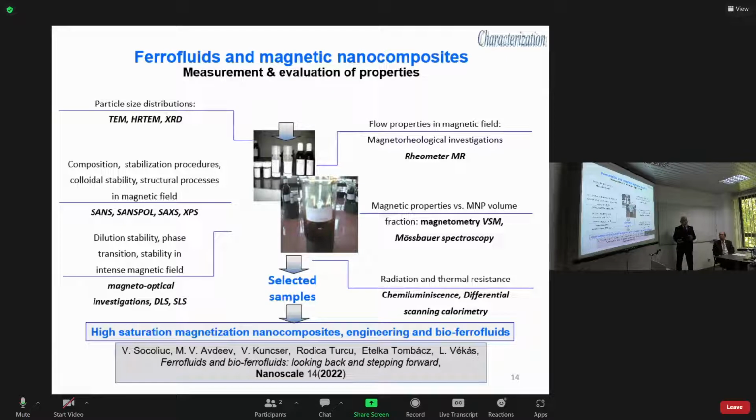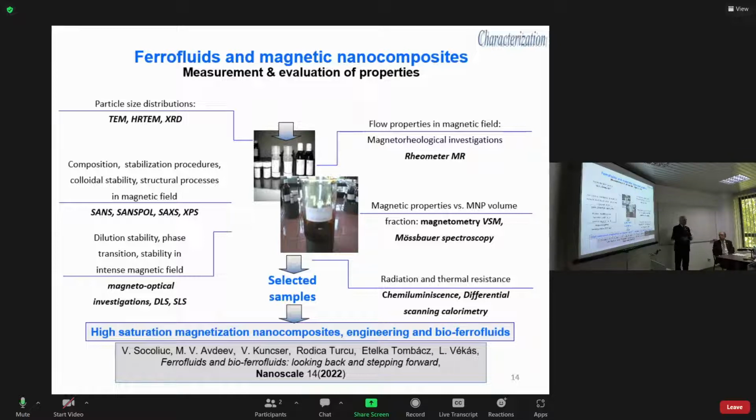Now, this is the core of my presentation, that is the manifold characterization. You cannot use a system of magnetic nanoparticles, or any nanosystem, without very careful characterization.